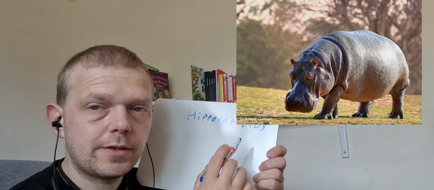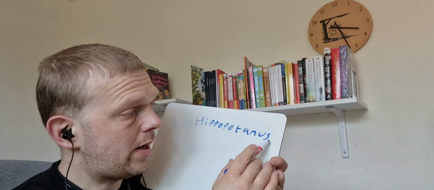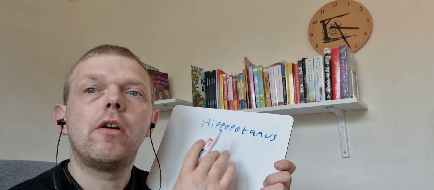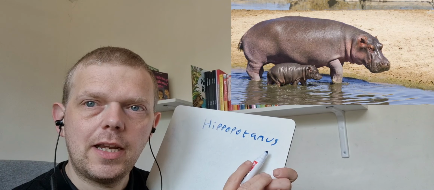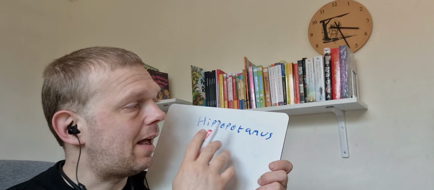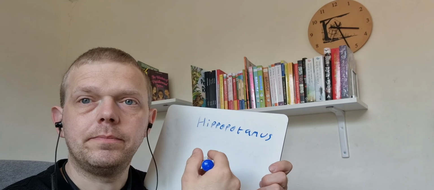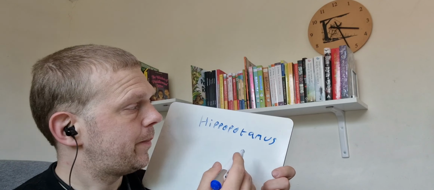Some words that come from Greek, for example, hippopotamus, end with US. But the plural of hippopotamus is hippopotamus. It's the same, and it's derived from Greek.